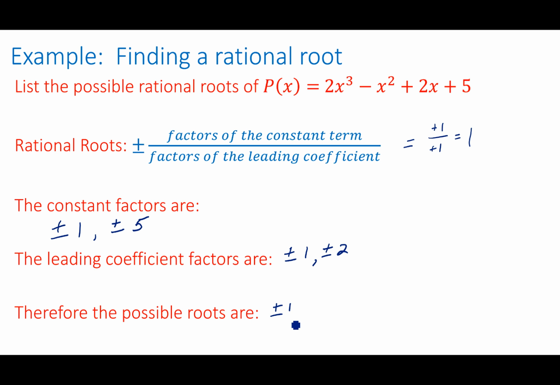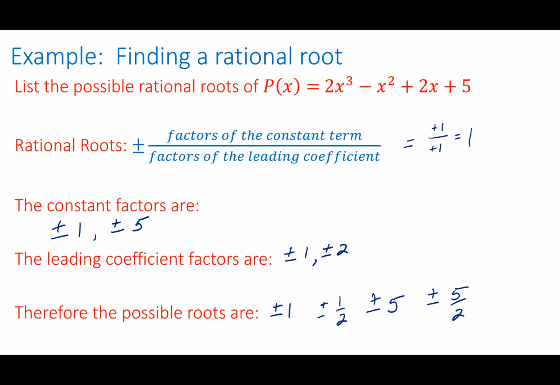So I'm going to say plus or minus 1. But then I also have to do plus minus 1 for my constant divided by plus minus 2 for my leading coefficient. So I'm going to have plus or minus 1/2. And then I go to the 5 for my constant factor. So plus minus 5 divided by plus minus 1 is just plus minus 5. And then plus minus 5 divided by plus minus 2 is plus or minus 5/2.